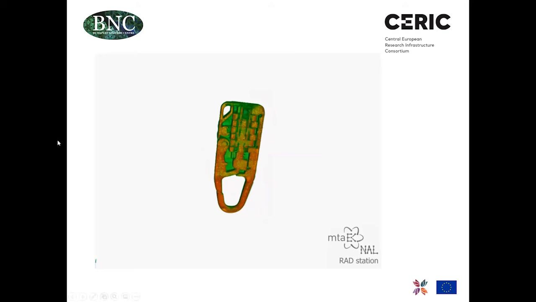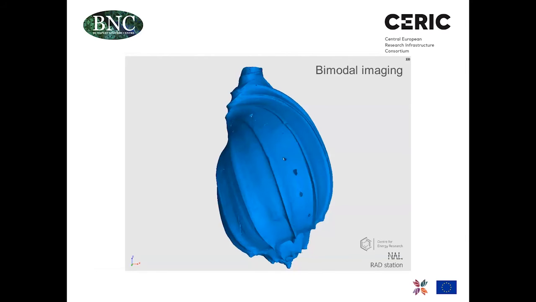As I mentioned, it is also possible to merge several datasets into one image or one dataset. And the next one will highlight this one. So this movie was made of two distinct datasets. One was recorded by neutrons, and the other one was recorded by X-rays.